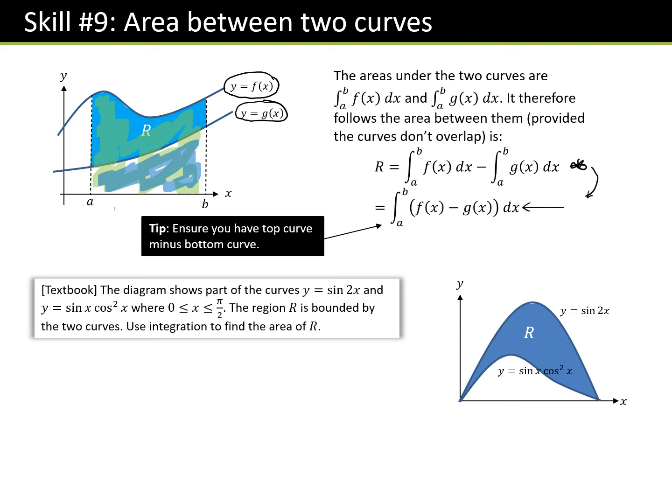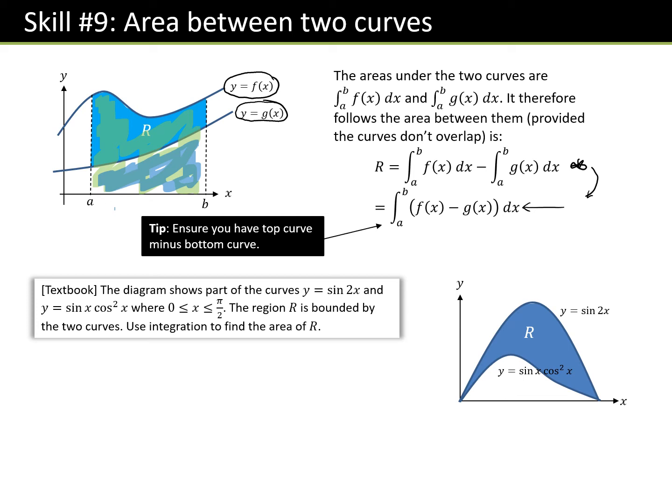Because they have the same limits and because they're integrating with respect to the same letter, you can actually combine them to create a single integration. So this you can use for the majority of the time. However, you need to make sure that you do the top curve take away the bottom curve.